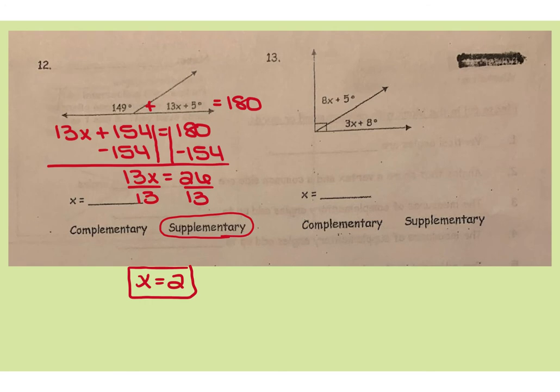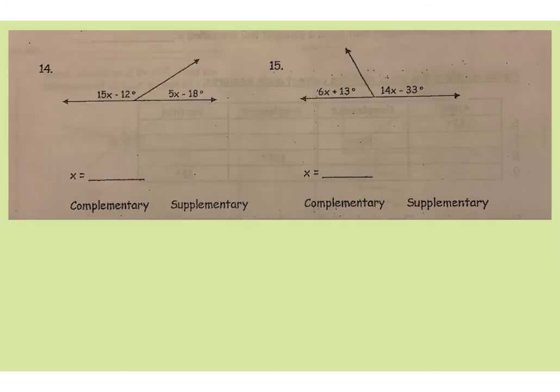What'd you get for your equation? 11x plus 13 equals 90. Very good. And what did you get for x? 7. Complementary or supplementary? Complementary. Very good.